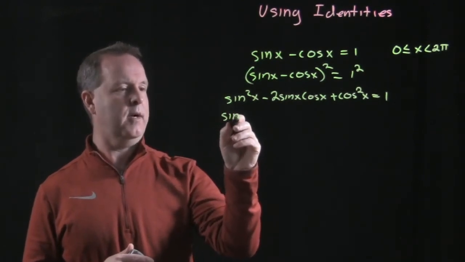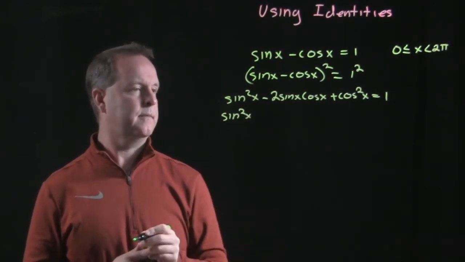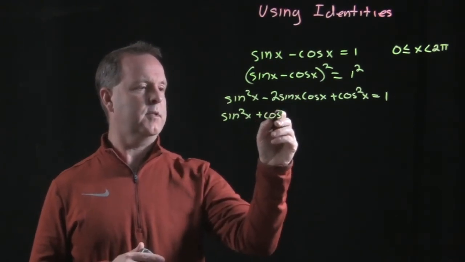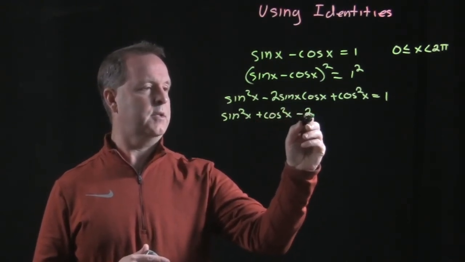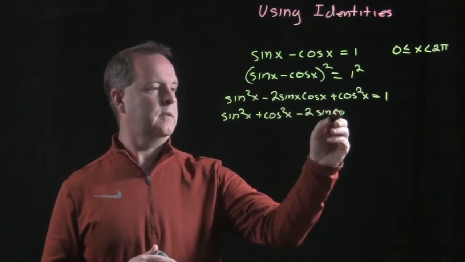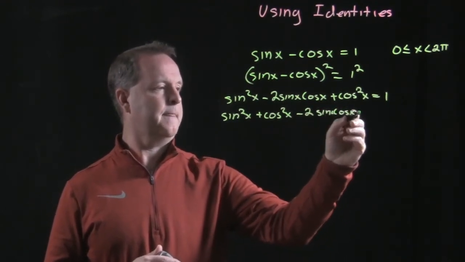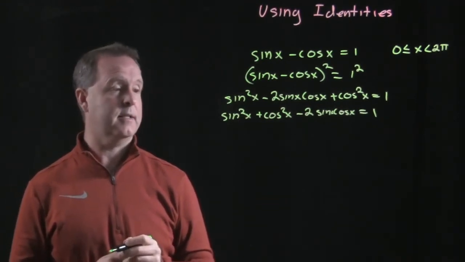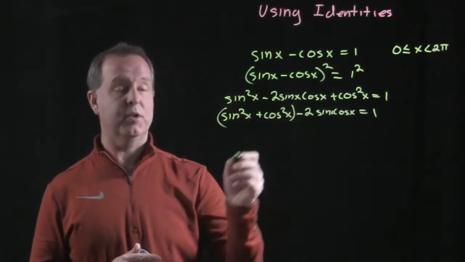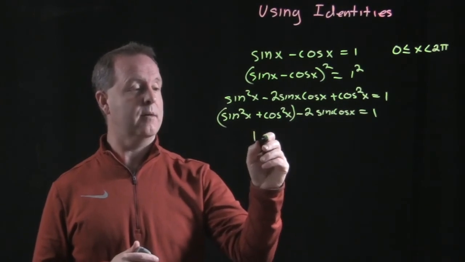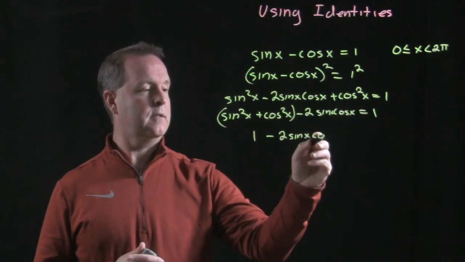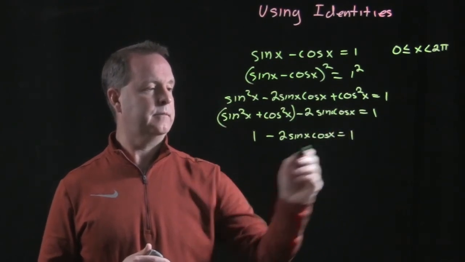So I have sine squared x plus cosine squared x minus 2 sine x cosine x equals 1. Sine squared x plus cosine squared x, all that right there, is just a 1. So now I have 1 minus 2 sine x cosine x.